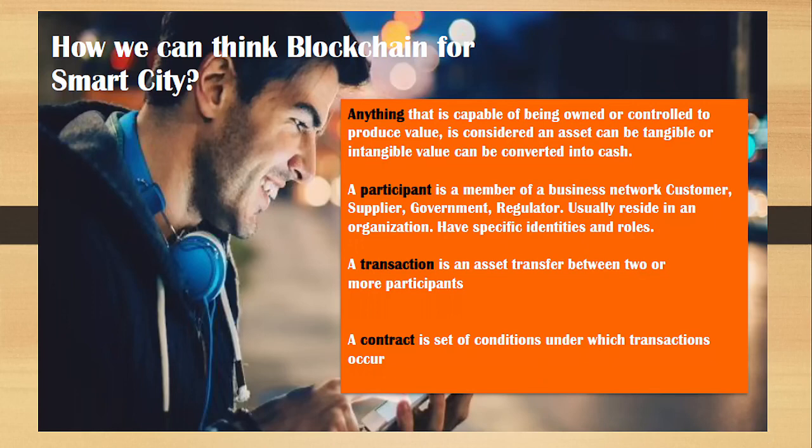Now, in a smart city, we have different things that need to be brought together, right? So these things could be owned or controlled and can produce value. They could be assets, of course, they could be cash, and so on. Then we also need to bring on board the participating entities. It could be government, it could be customer, the people who are participating in this particular agreement.